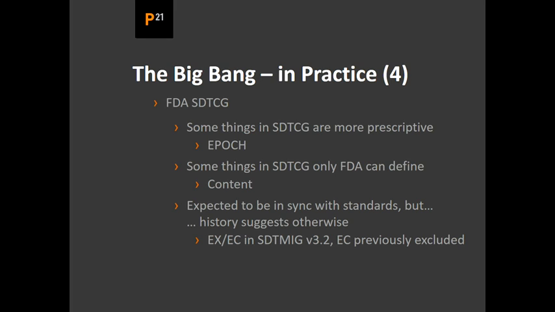And as those things were resolved, the Technical Conformance Guide does now accept it. But the previous version, when Implementation Guide 3.2 was accepted, it was pointed out that you should not do EC. It was also pointed out that you should not do the details domain, which is now accepted as well in the current version of the TCG.